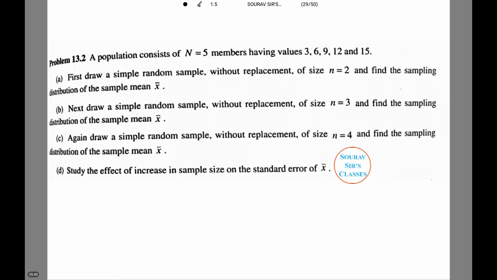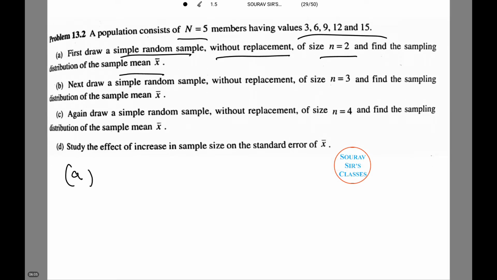Next, we have a population that consists of 5 members having values 3, 6, 9, 12 and 15. In the first subpart, we need to find a simple random sample without replacement of size n equals 2 and find the sampling distribution of the sample mean x bar.